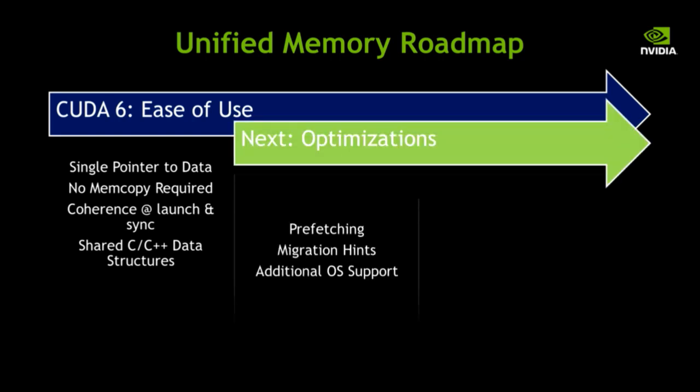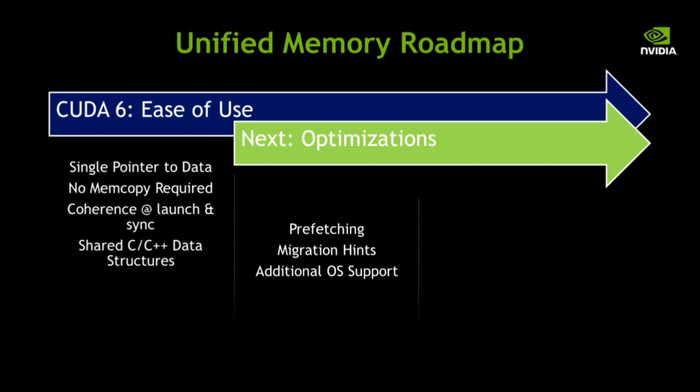In the next releases of CUDA, we plan to focus on performance a bit more with some optimizations. For example, we might be able to do prefetching on the CPU when the CPU is striding through data in a predictable manner. And migration hints, such as when you allocate unified memory, you might specify that this data is read-only from one processor or the other, which might help the runtime decide better when to migrate it or not migrate it.